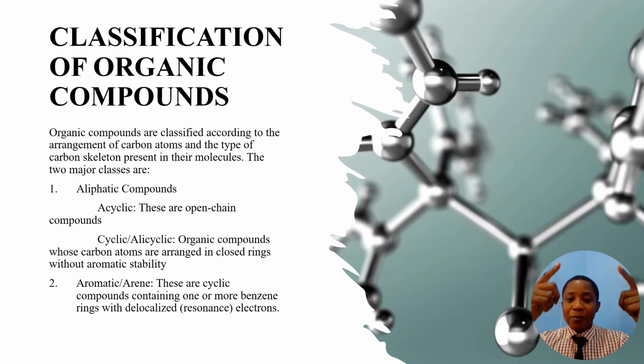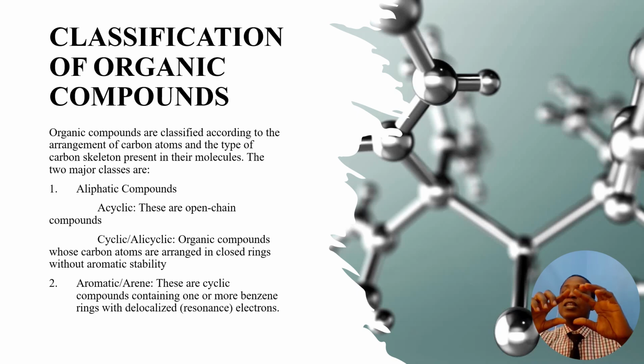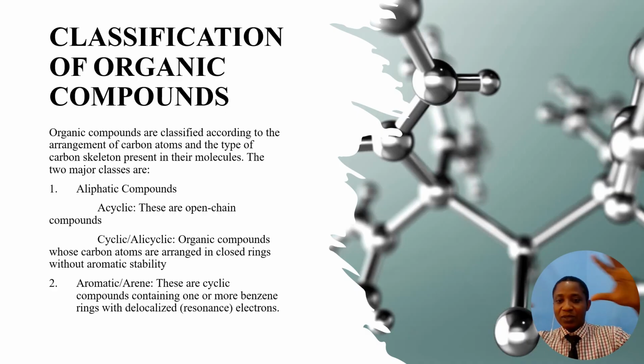The former is a straight line, an open chain organic compound, but the second one is a ring shape, a closed ring, that is skeletal.